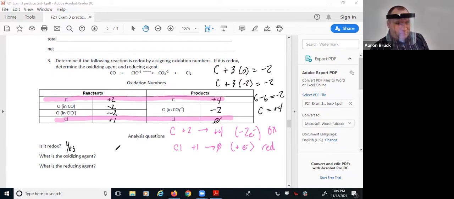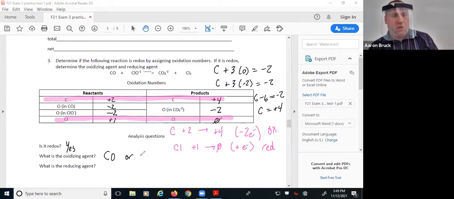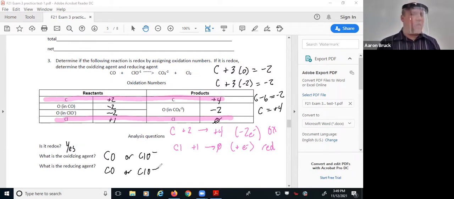So on the exam, that means you're going to have a 50-50 shot if you do it right, because it's either going to be carbon monoxide or hypochlorite for each one. One of these is the oxidizing agent. One of these is the reducing agent. You just got to figure out which one's which.